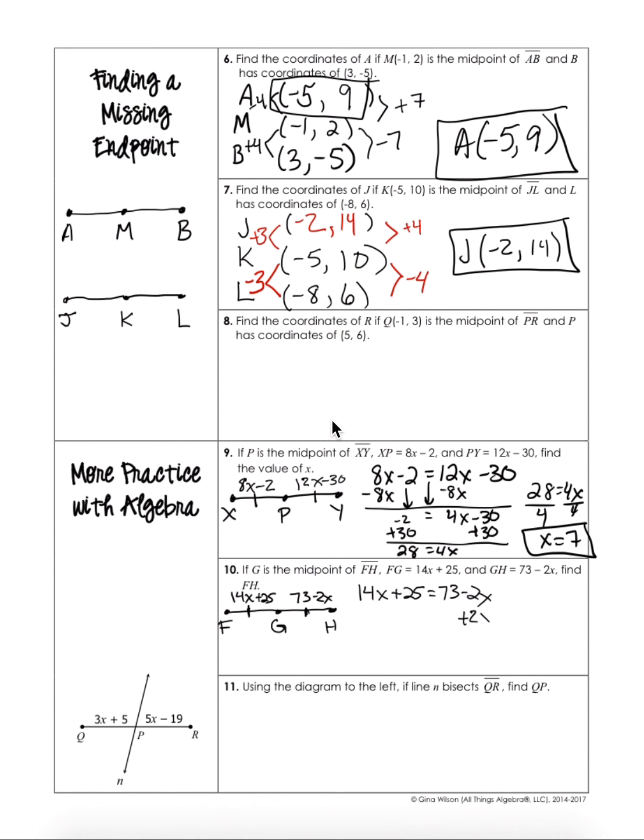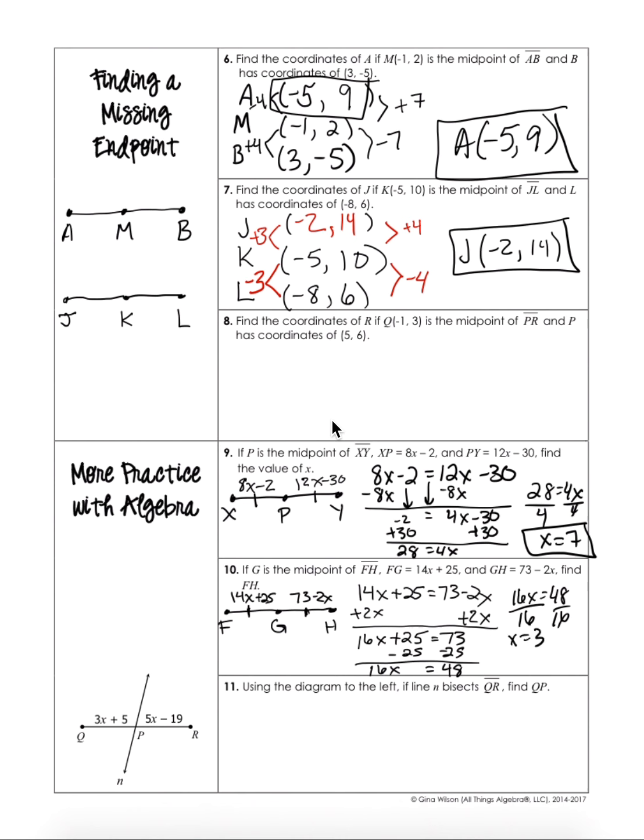So I'm going to add 2x to both sides. That'll make 16x plus 25 equals 73. I'm going to subtract 25. 16x equals 48. Then I'm going to divide both sides by 16 and get x equals 3.